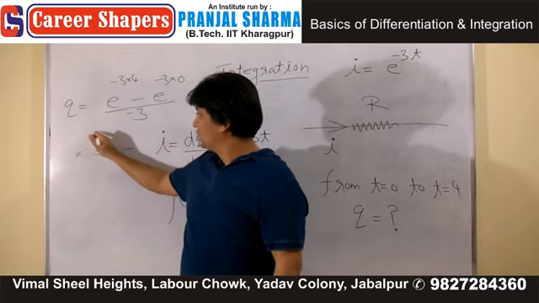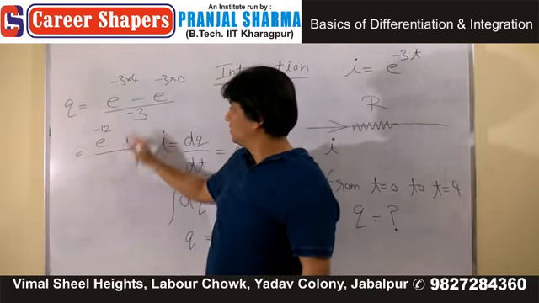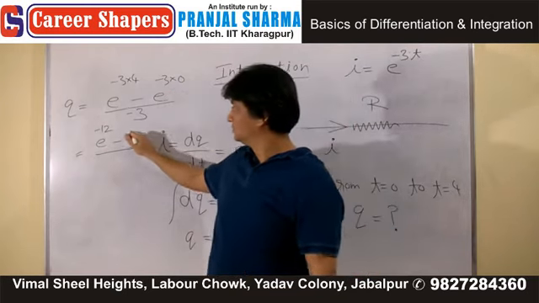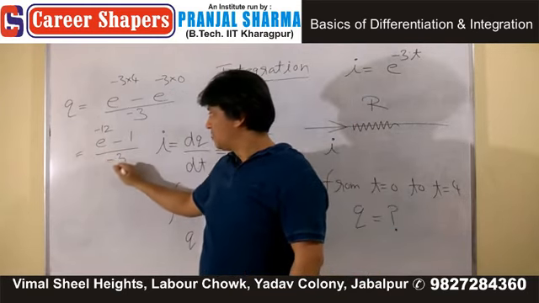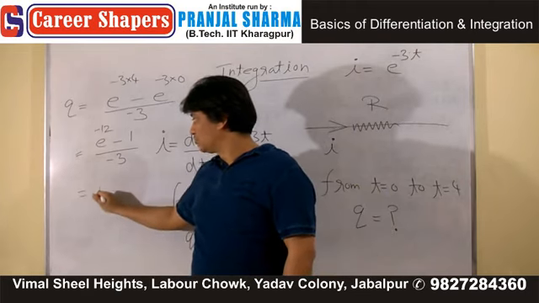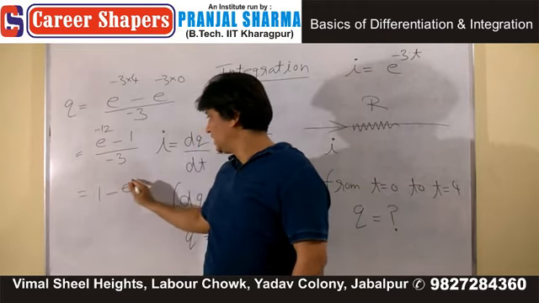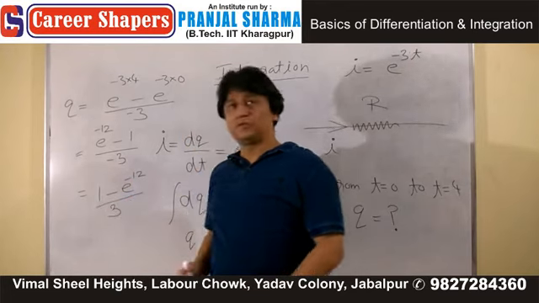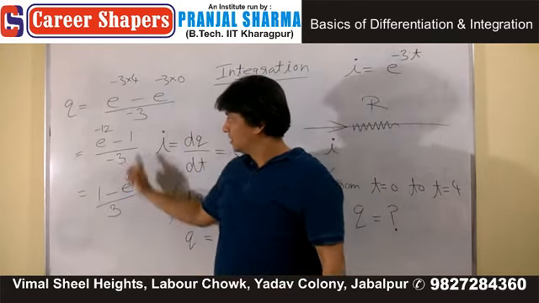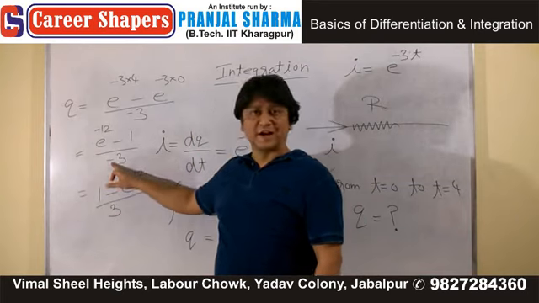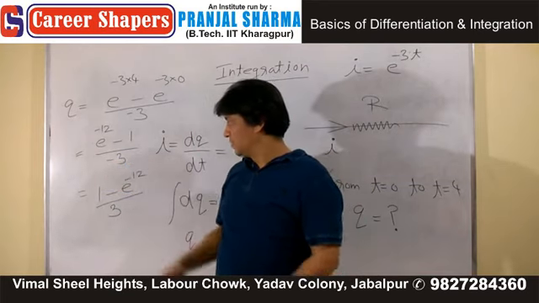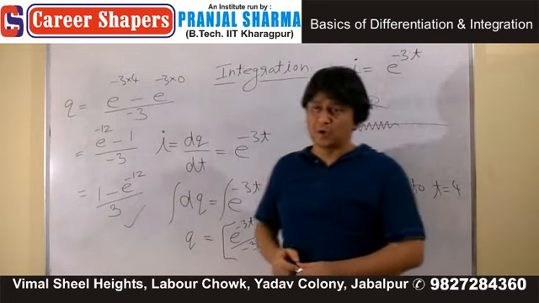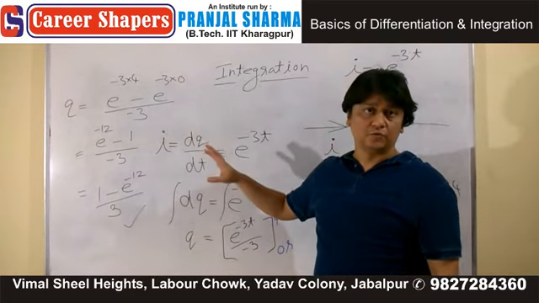This is e to the power minus 12. What is e to the power 0? 1. Divided by minus 3, which is 1 minus e to the power minus 12 divided by 3. This is a negative sign, shift it. That's the answer: 1 minus e to the power minus 12 divided by 3.